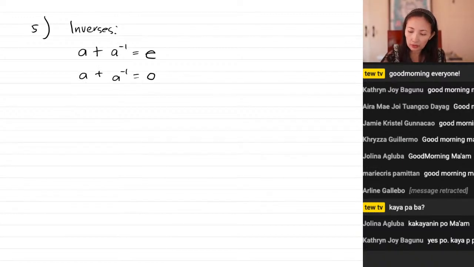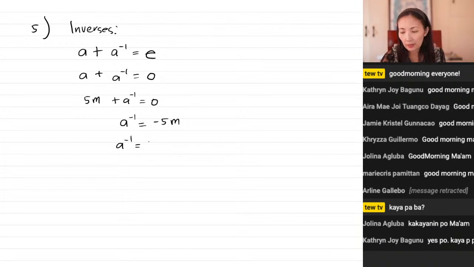That's what we found out from here. So 5m plus A inverse is equal to 0. Then what is A inverse? It is equal to negative 5m. And take note that I could write this as 5 times negative m, and negative m is still a member of the set of integers.